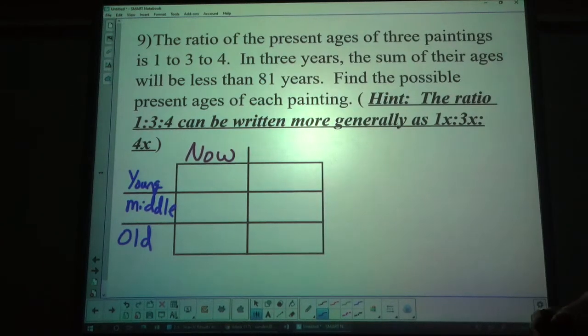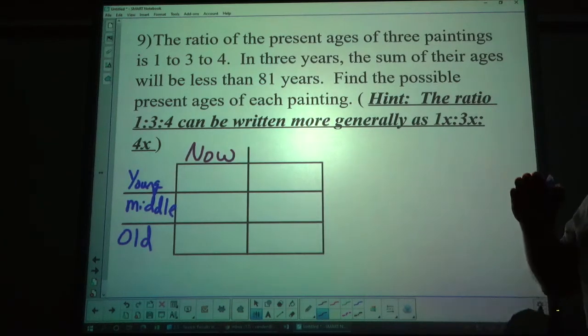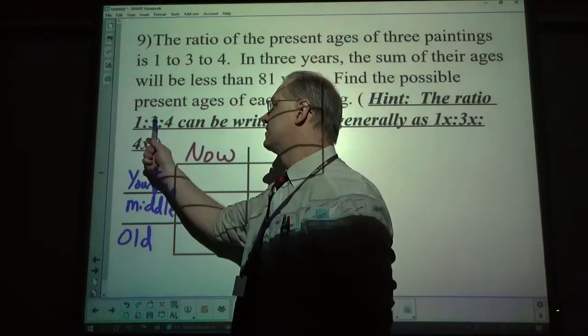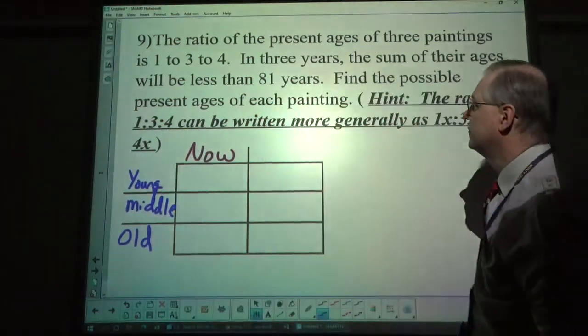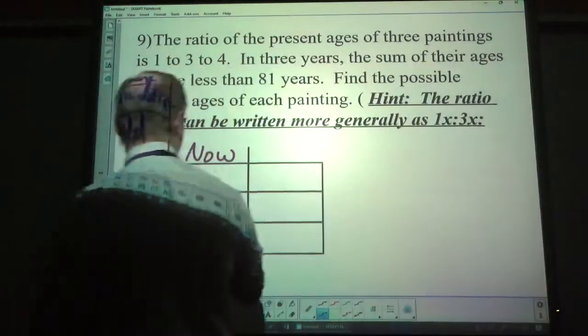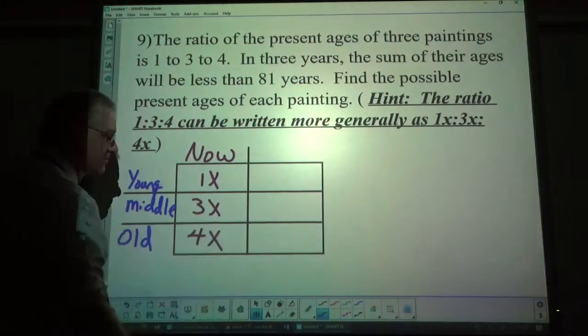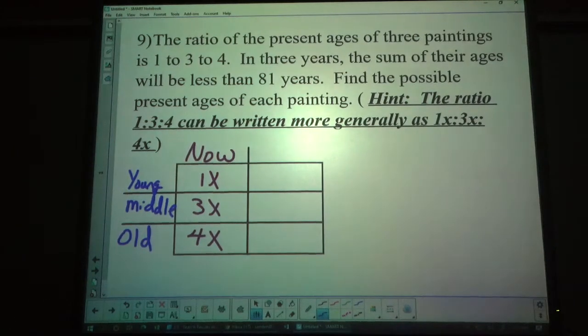If you double that, you have to multiply each of those items by 2. If you cut it in half, you gotta cut in half each of those. So the 1 to 3 to 4 ratio, you can use 1x, 3x, and 4x, x representing the multiplier, to keep them in that ratio.